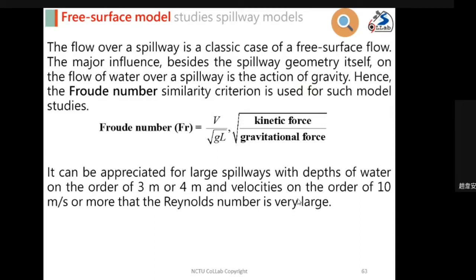The Froude number is the velocity divided by the root of gravity multiplied by the length unit. Usually the length unit here is related to the water depth.